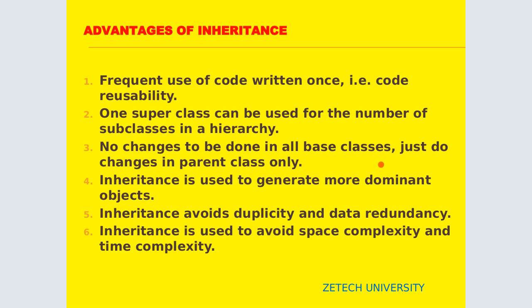We shall be moving to that level, and by the end of this lesson or topic, you'll be comfortably writing programs that are using classes and mastering that concept. So again, the second point there: one superclass can be used for a number of subclasses in hierarchy.